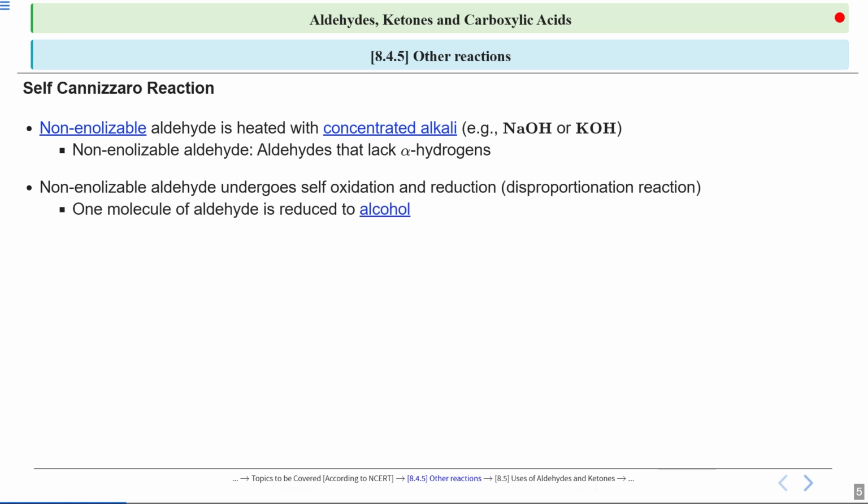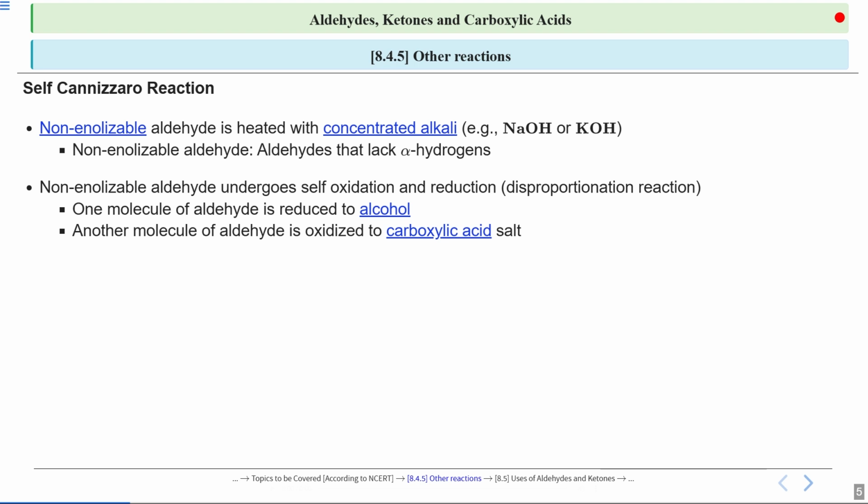So one molecule of aldehyde is reduced to form an alcohol. Meanwhile, another molecule of aldehyde is oxidized to form a carboxylic acid salt.